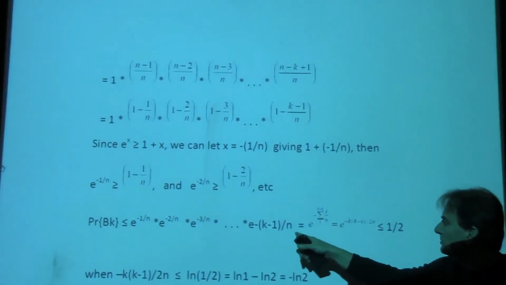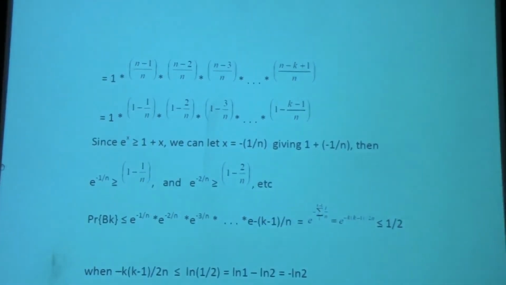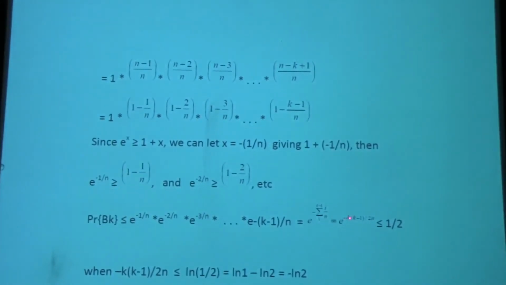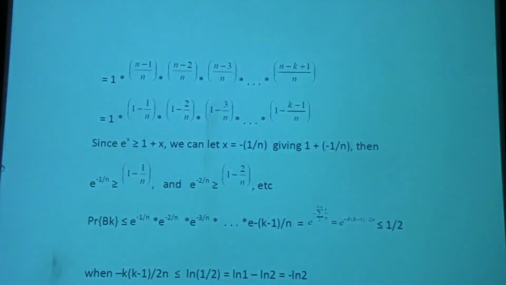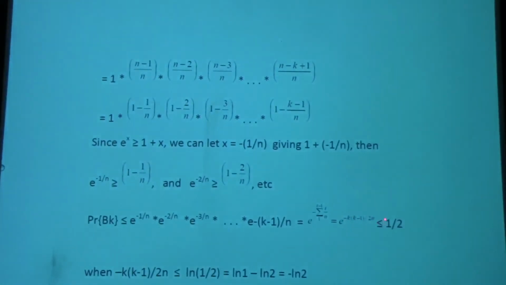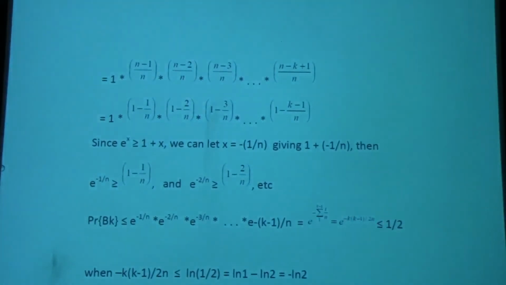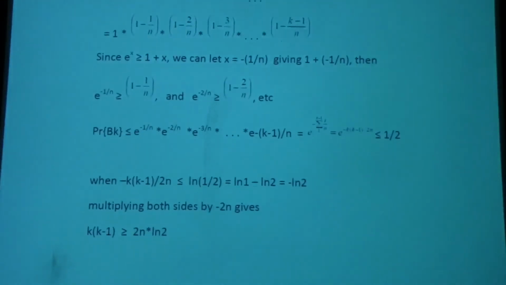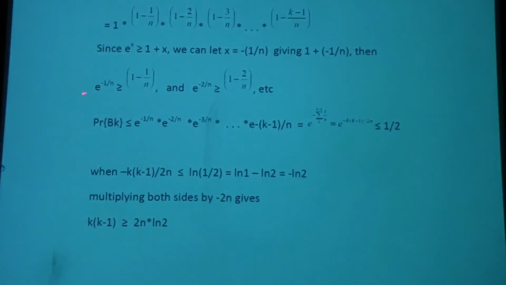So this is simply the summation of all the exponents. And of course, we have a sum for that. So that's going to be minus k times k minus 1 divided by 2 over n, which is less than or equal to 1/2. Okay? So the probability of bk is going to be less than or equal to 1/2.